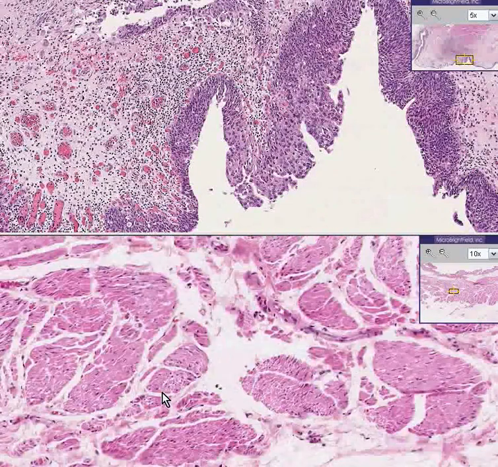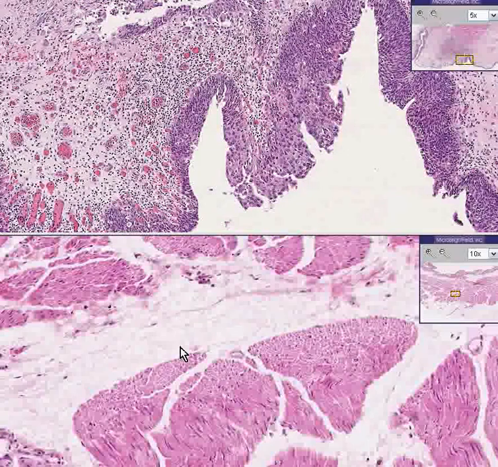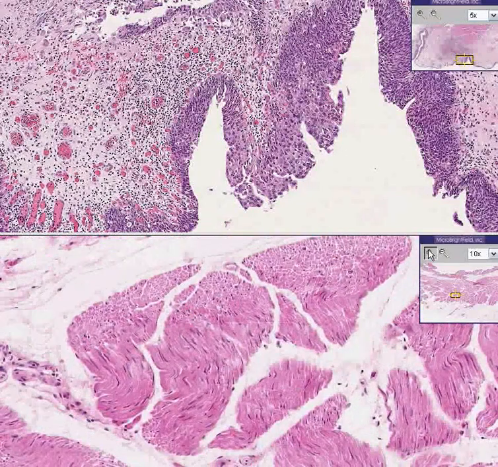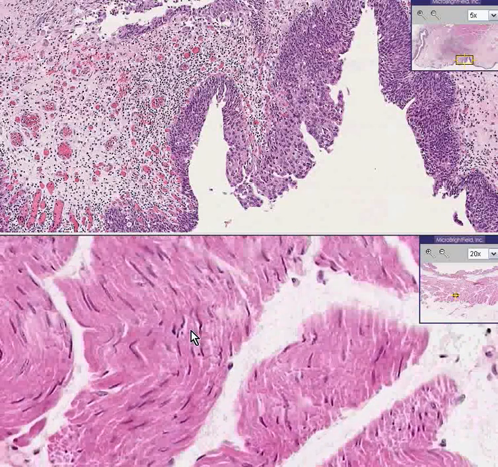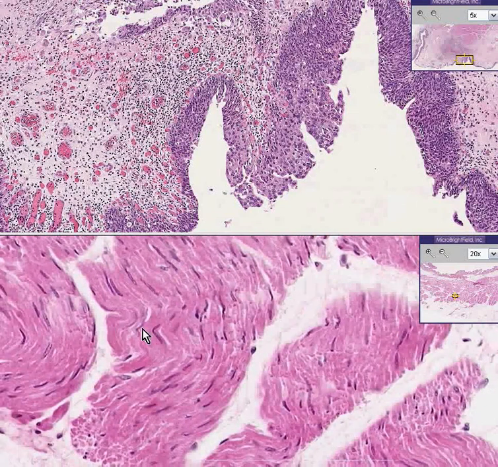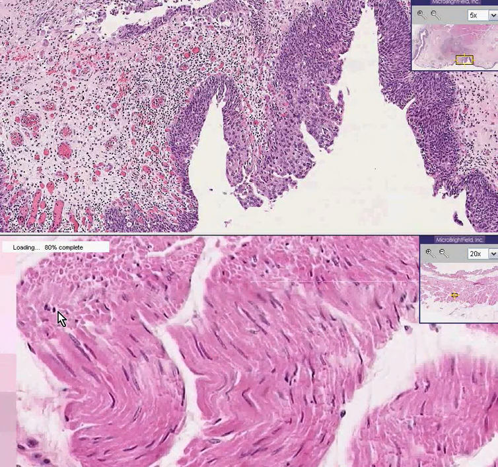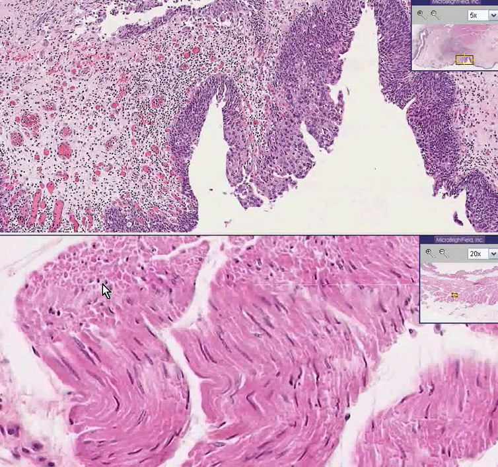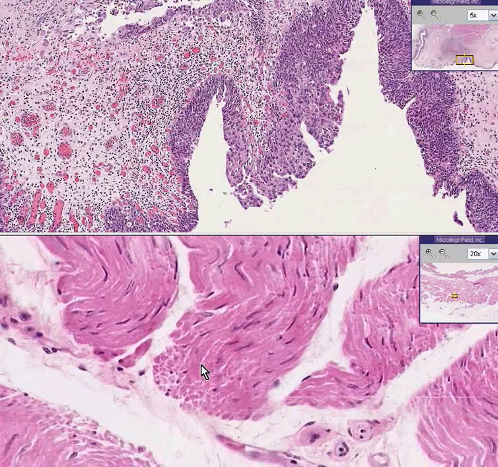Also, please note, as we look at these nice little smooth muscle bundles, perhaps even closer if you wish, classical smooth muscle, cigar-shaped nuclei if you cut them longitudinally, nice round nuclei if you cut them on cross-section.